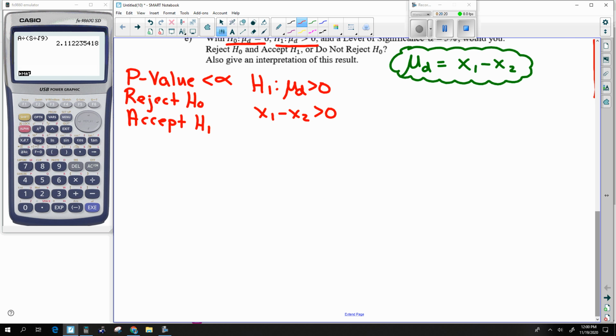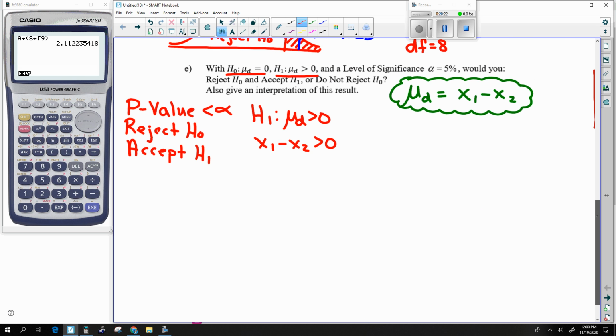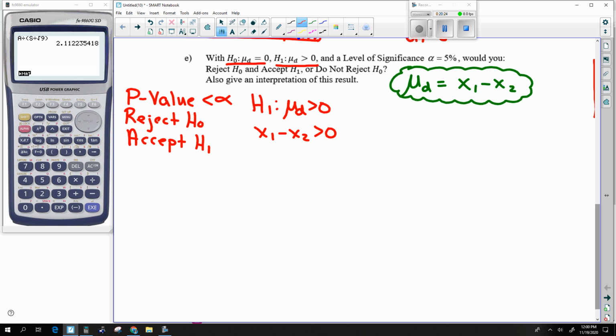The rest of this riddle is, in essence, basic concept math. The concept we are talking about is this: here I have two numbers, x1 minus x2, and it is greater than 0. That means the answer is positive.